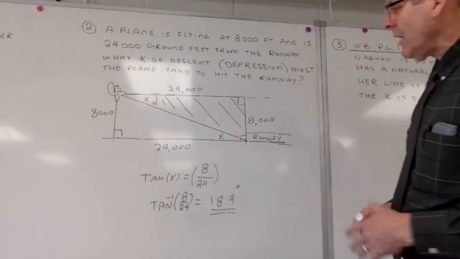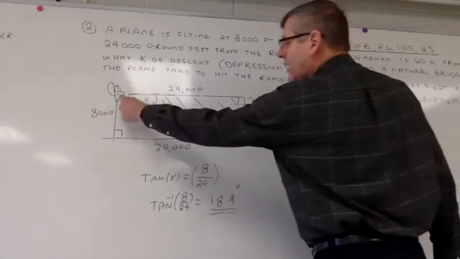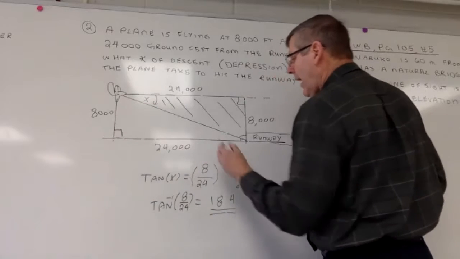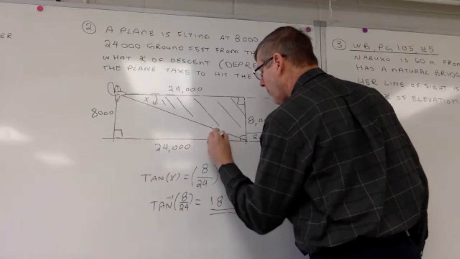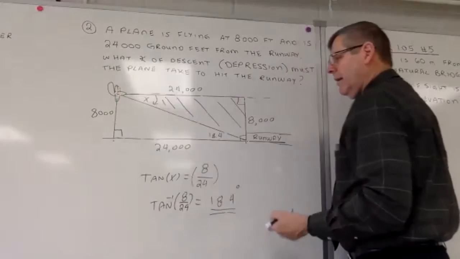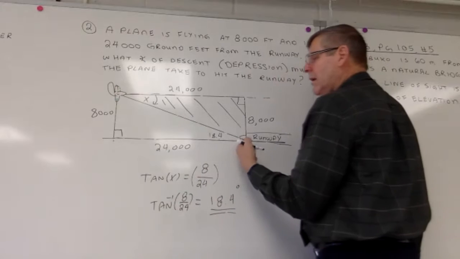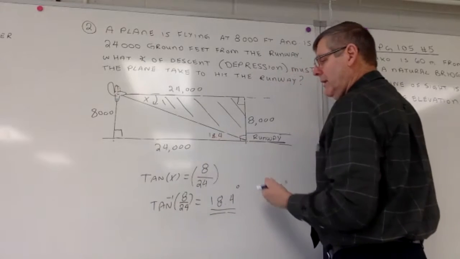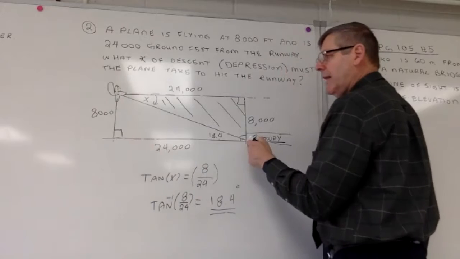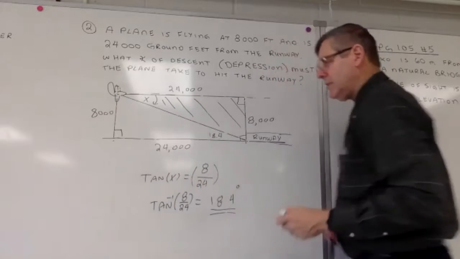But notice if I had looked at this triangle and got this angle, I would also get 18.4. Because if I'm standing here and looking up at the plane, the angle of elevation would be 18.4 degrees. And I would find that by still doing the inverse tangent, because if I'm standing here, that's the opposite over adjacent.